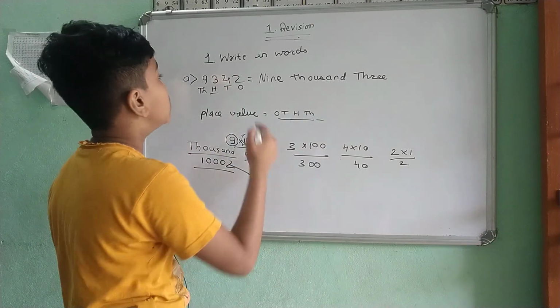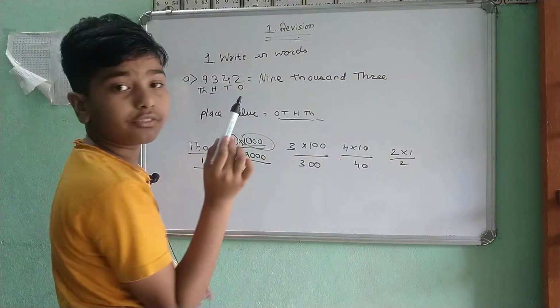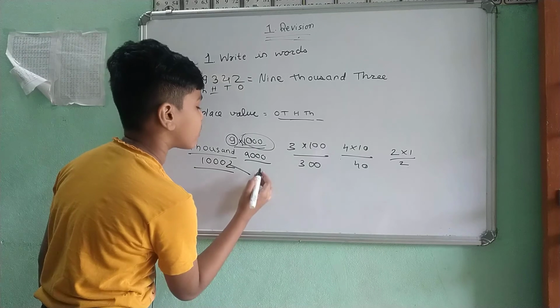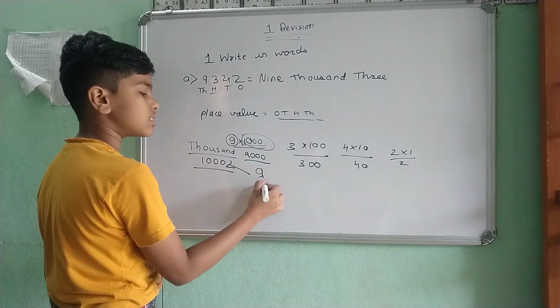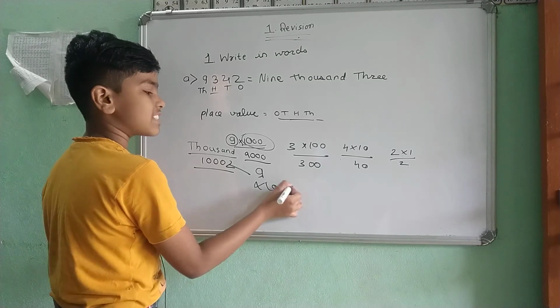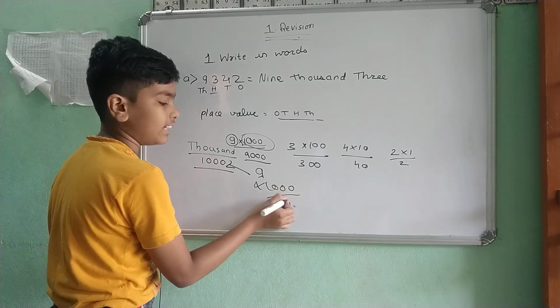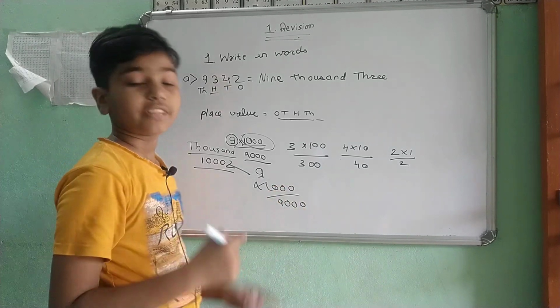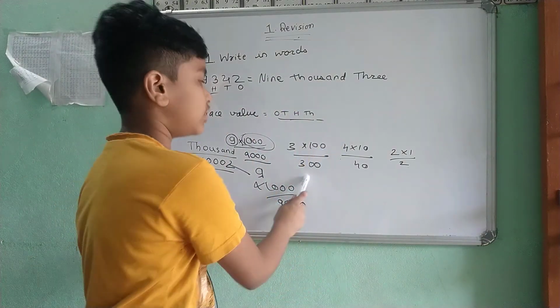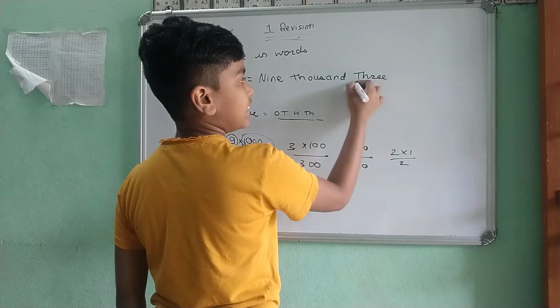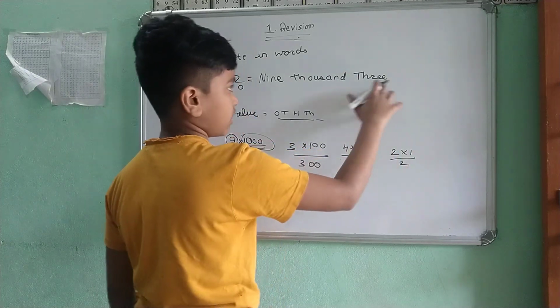So, what I can do is write that number, like here 9, and multiply it with 1000. That's why I get 9,000. Now, 300 also works this way. Write the 3. Remember that 100 is not there. 3 is written.